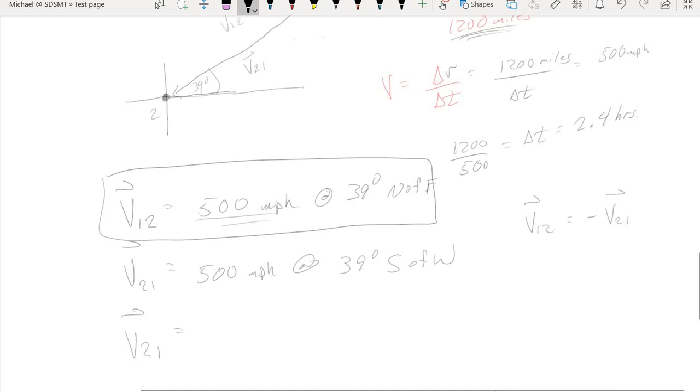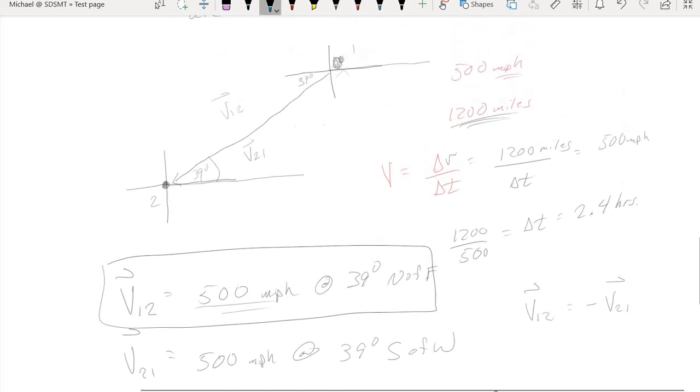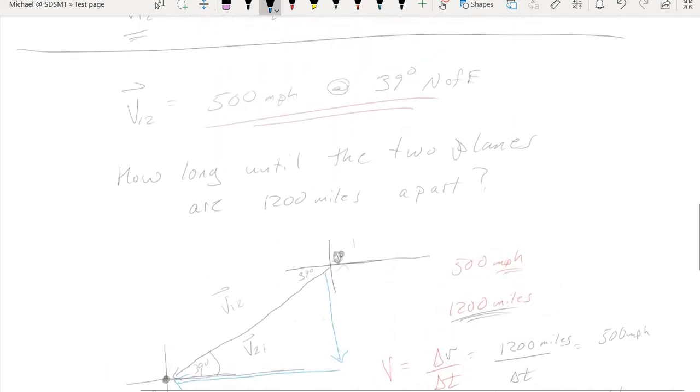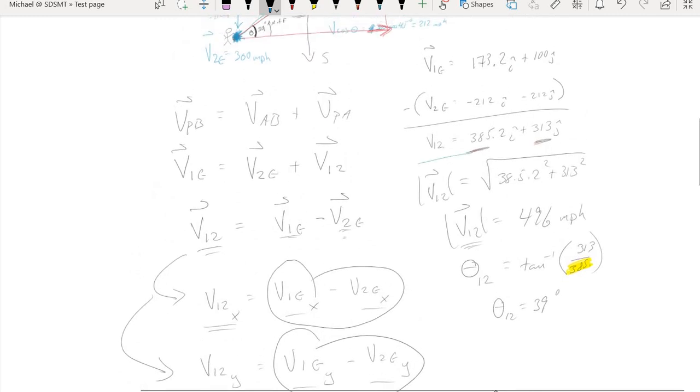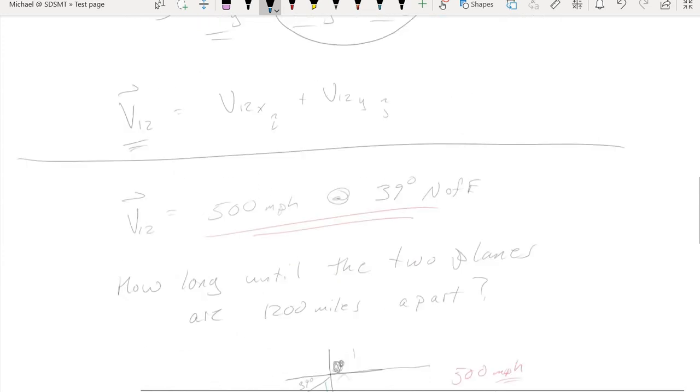And so if I were to now draw the x and y components of vector 2, 1, I would see that they're exactly the same values as what we had for vector 1, 2.